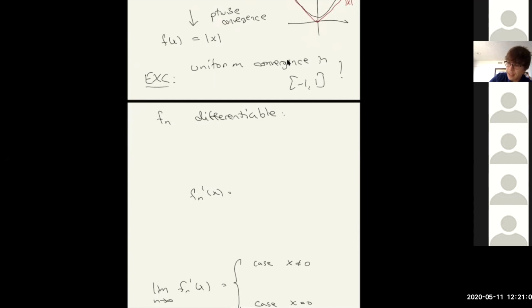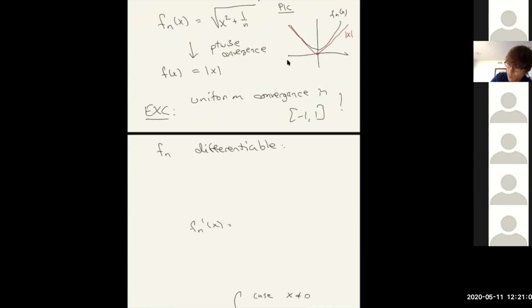Well, f_n is differentiable. Why? Well, x squared plus 1 over n is strictly positive always and differentiable. And the square root of x is differentiable when x is strictly bigger than 0. So f, which is the composition of these two, h composed with g, is also differentiable.